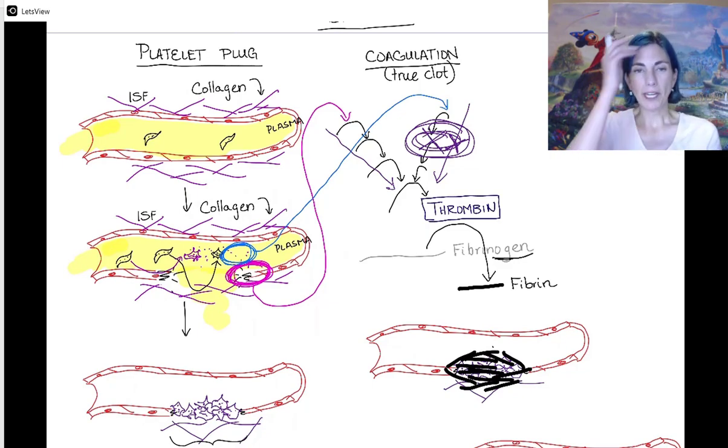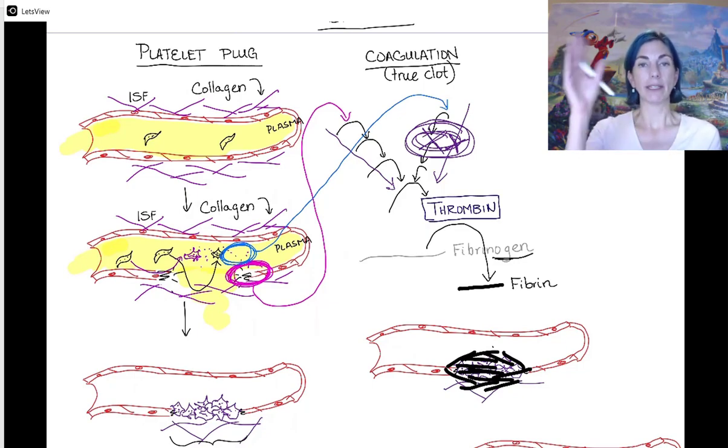Okay, so what do you need to know out of here? You need to know that there are two different pathways. They're called intrinsic and extrinsic. I don't care that you know which one is which. One of them is started by the actual damage to the blood vessel wall. The other is caused by an active platelet secreting stuff, including a stimulus that starts the other pathway. They both end up in the same spot.